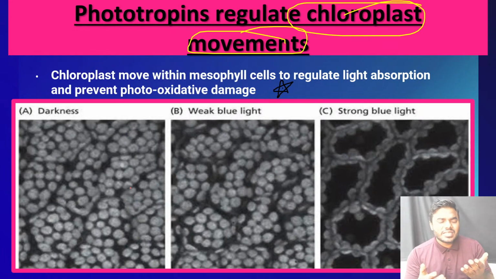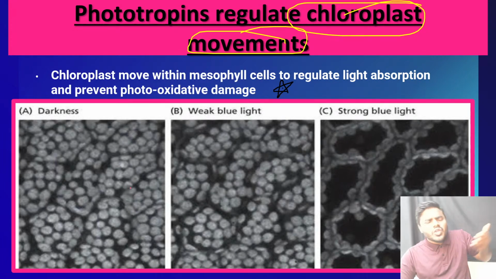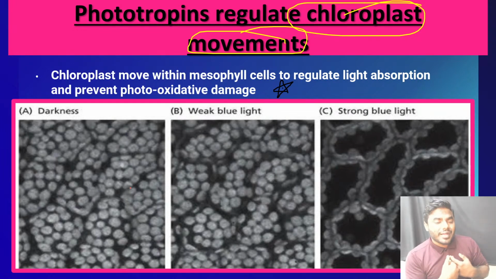But how much light energy can I absorb? Only a limited amount can I convert into chemical energy. If the light is continuously coming from the sun, I can't convert the entire light energy into chemical energy. I may die. So I, the chlorophyll, may die because I can't convert the entire light energy into chemical energy.